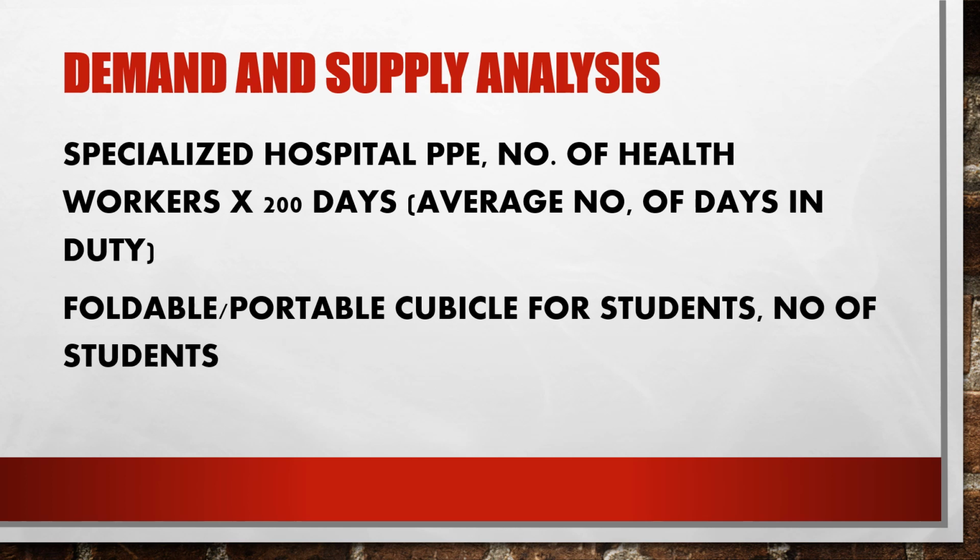Our target is those in hospitals, because the PPE they use now is very uncomfortable. So if you made an innovation on this PPE, let us say it has an exhaust or is more refreshing and comfortable to use, or the virus attaches to it less, and our target is the health workers in hospitals. To determine the demand, you have to know the number of health workers in the hospitals here in Bataan, then the average number of days in a year that they are on duty, to get the demand for the entire year.